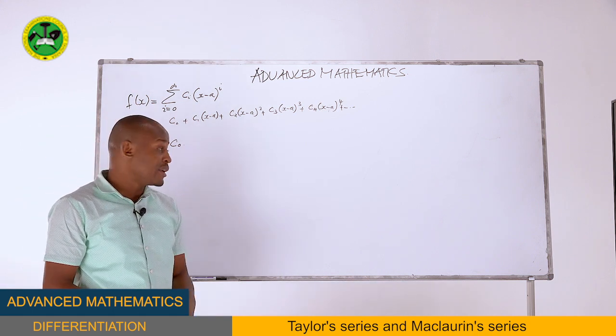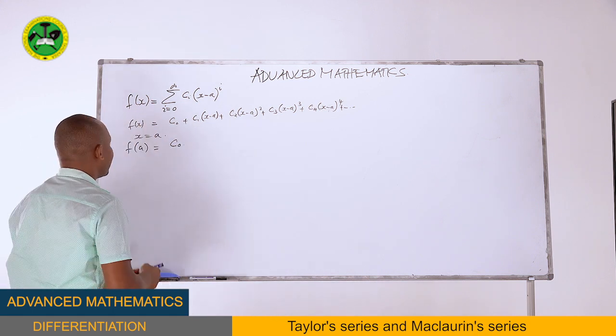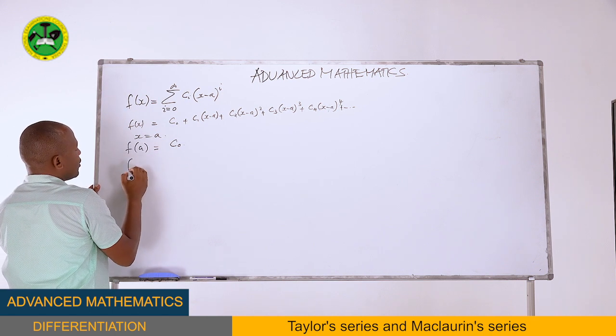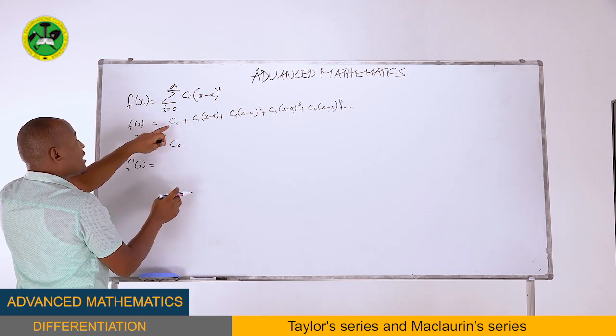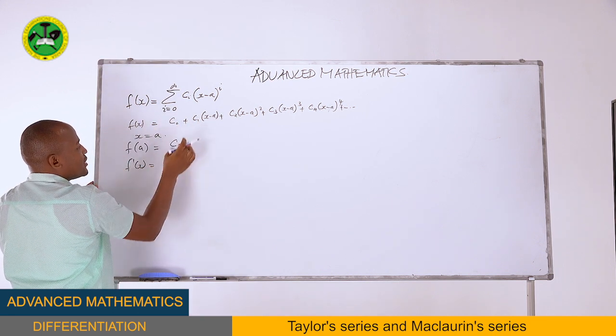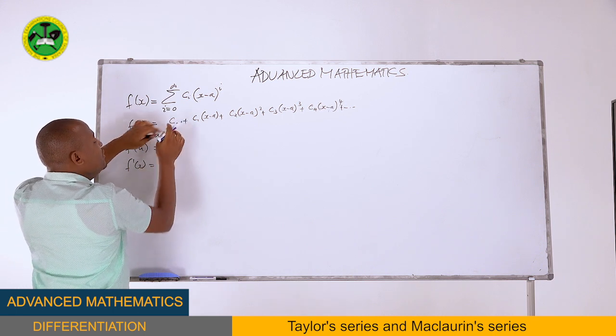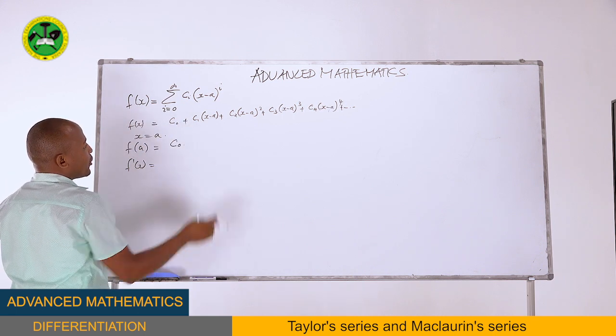Now let's go on and find the other values. Now let's differentiate that. We differentiate this, and this is just a constant. Remember, these are the constants whose values we are trying to find. If you differentiate a constant, we know it's 0. And what about that?